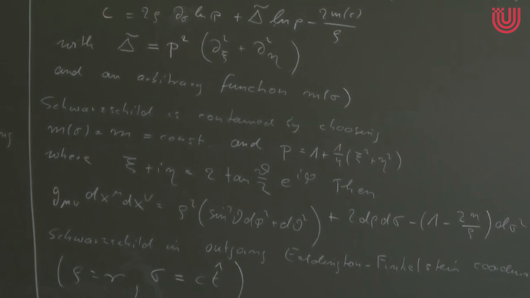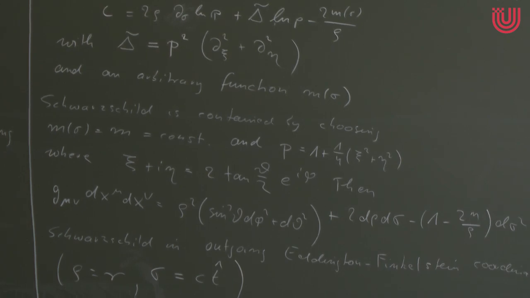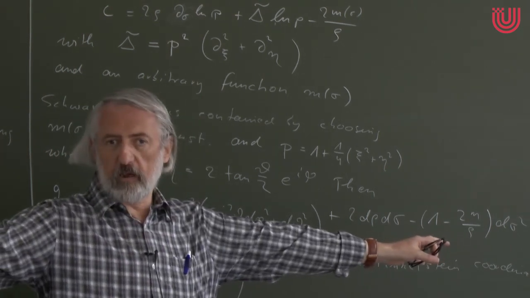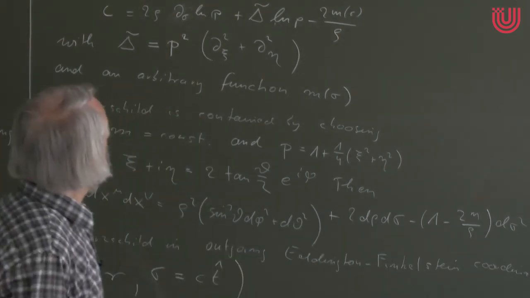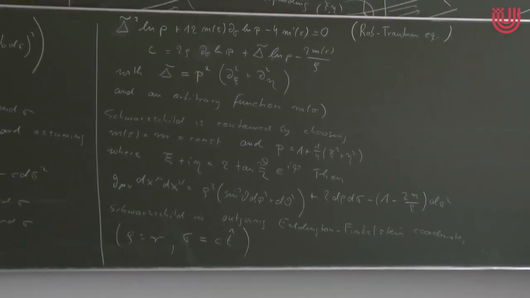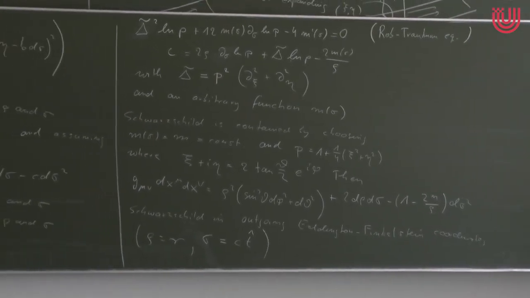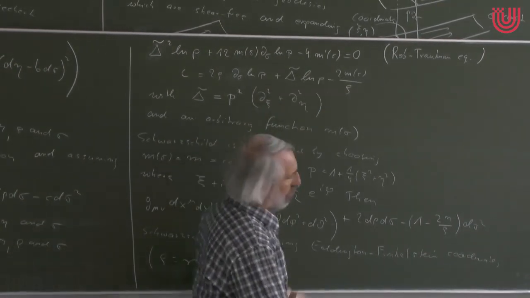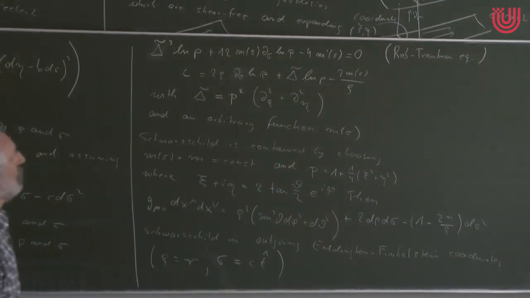So the fact that M is then not a constant reflects the fact that your system loses mass in the form of gravitational energy. So you would usually consider solutions where M prime is negative, where in the course of time the mass becomes smaller.